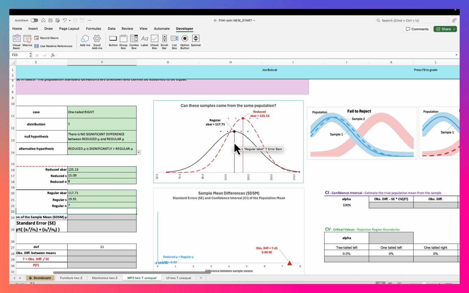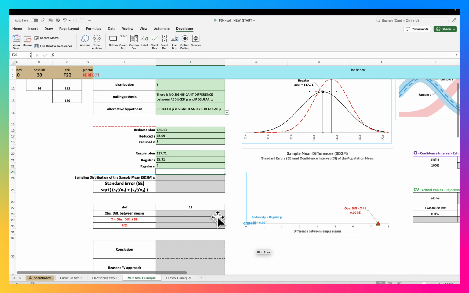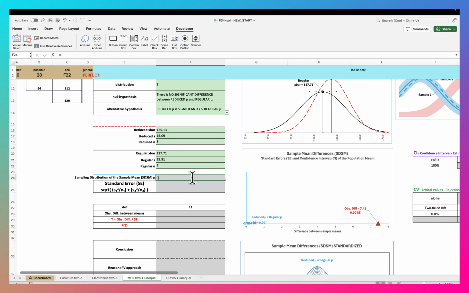What we're trying to decide is whether this gap is so big that they wouldn't fit inside the blue band together. In order to answer that question, we have to consider, what if the sample had been here? What if it had been here? We have to look at all those different differences, all those different subtractions, and then get a distribution of those subtractions. And that's what's coming next.